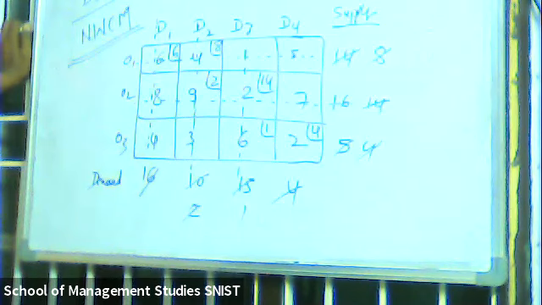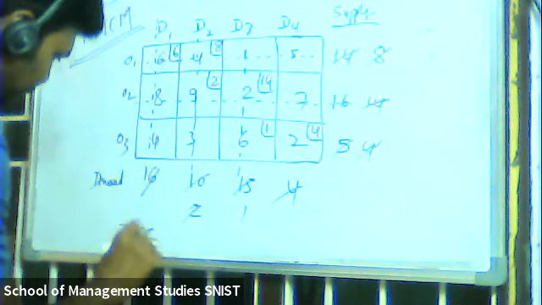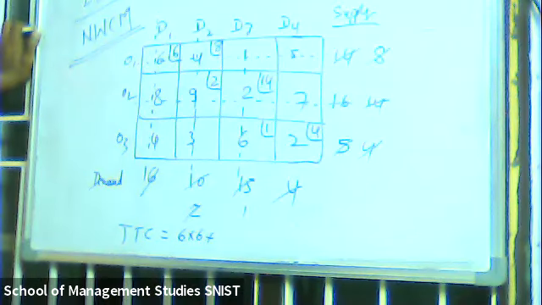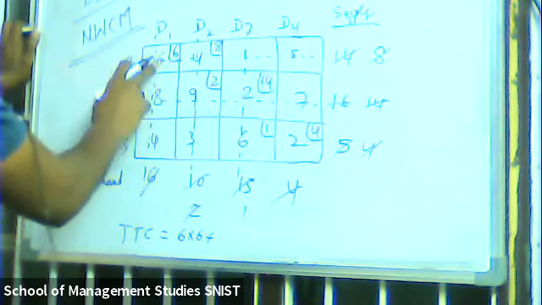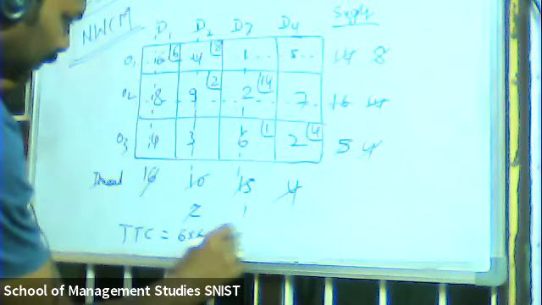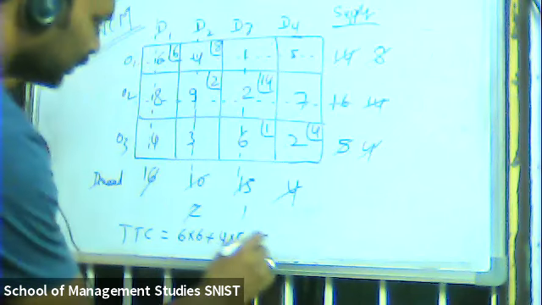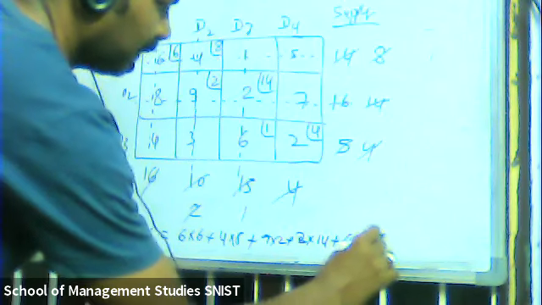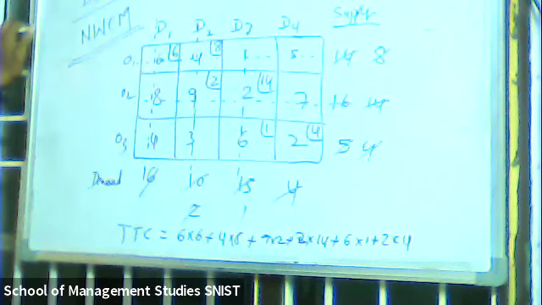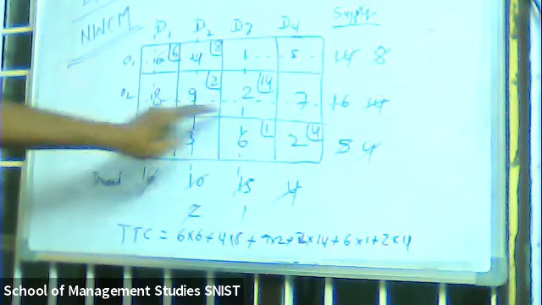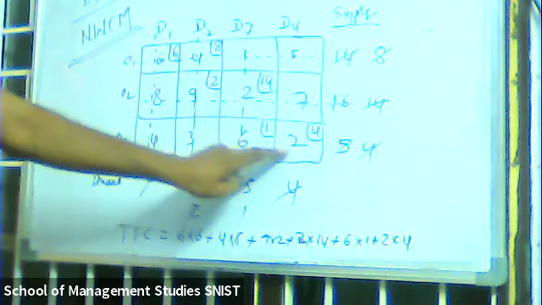Okay, now next step. What is that next step? Total transportation cost. Okay, 6 into 6, because we got allocations in x11, x12, which is 4 into 8 plus 9 into 2 plus 2 into 14 plus 6 into 1 plus 2 into 4.